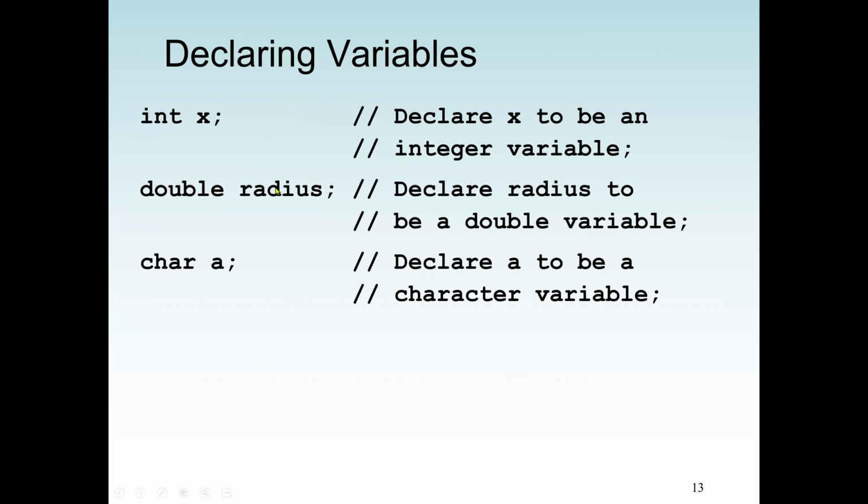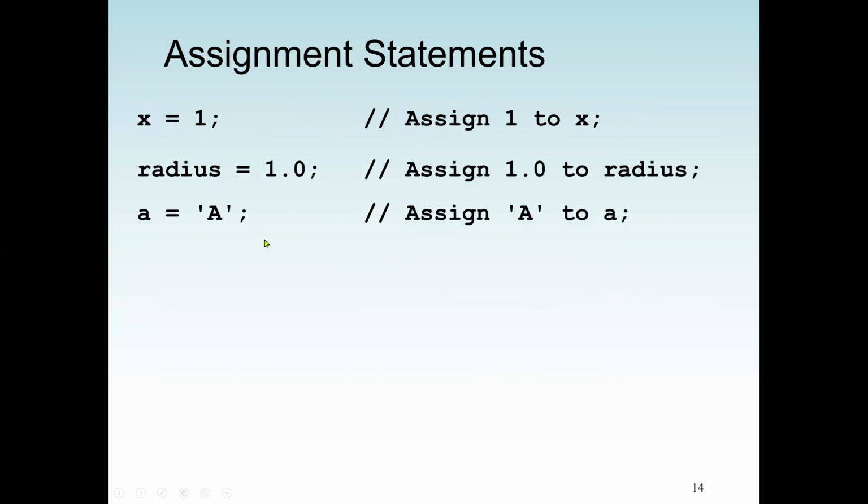Double radius means we are going to store decimal values, and int x means we are going to store only whole numbers. So here we are assigning 1 to x. Remember, radius was double, so we assign 1.0 to it. And for the character, we assign uppercase A. Characters are always in single quotation marks.